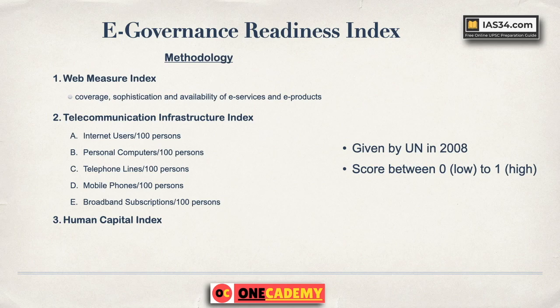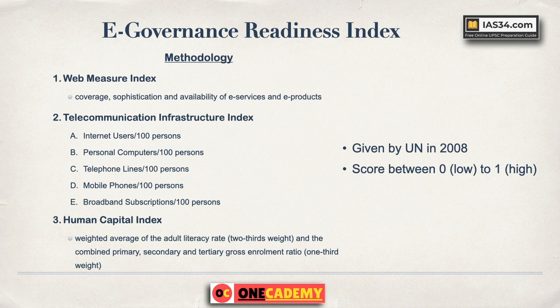And the third component of the readiness index is the human capital index. You can read this: weighted average of adult literacy rate, which has 2/3 weightage, and the combined primary, secondary, tertiary gross enrollment ratio, which has 1/3 weightage.